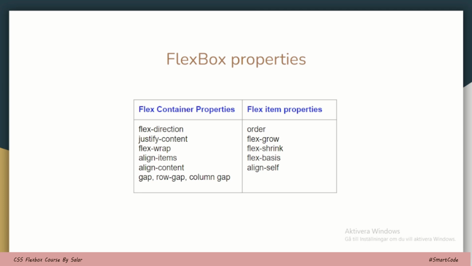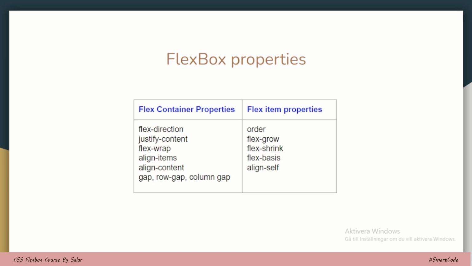So to learn this Flexbox technique, all you need to do is just learn these properties and you are done. So these are the properties we have in the Flexbox system, and we are going to learn them thoroughly one by one. We will first cover the container properties and then move on to the items properties.